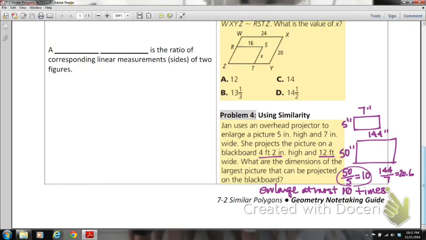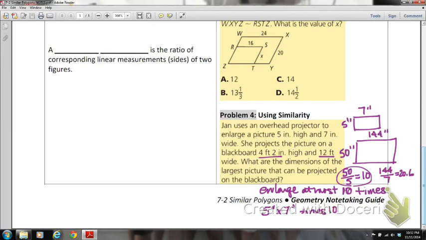So that gives us the 5 by 7 enlarged 10 times. We have the 5 by 7, and we need to multiply that times 10.